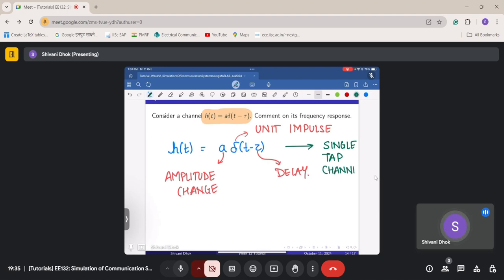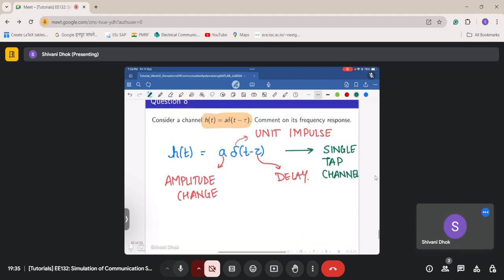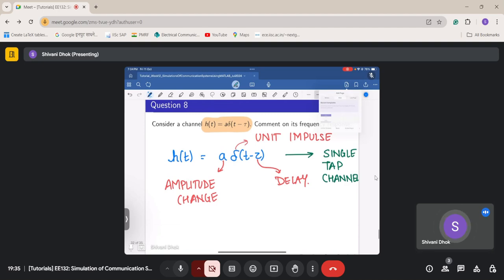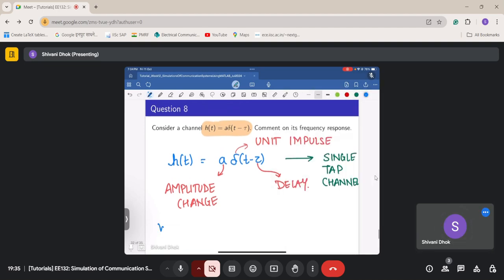So this is all in the time domain. Now what we need to do is comment on its frequency response. So we need to find the magnitude of H of f, where the Fourier transform of h(t) is your H of f.